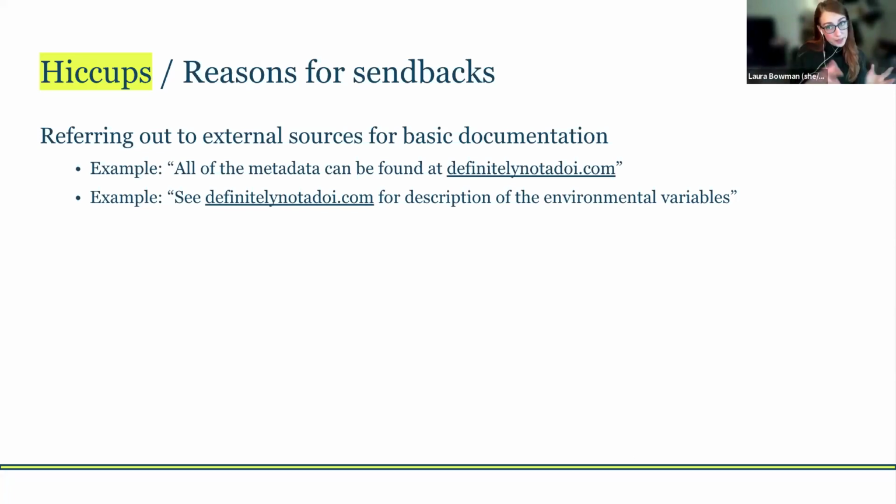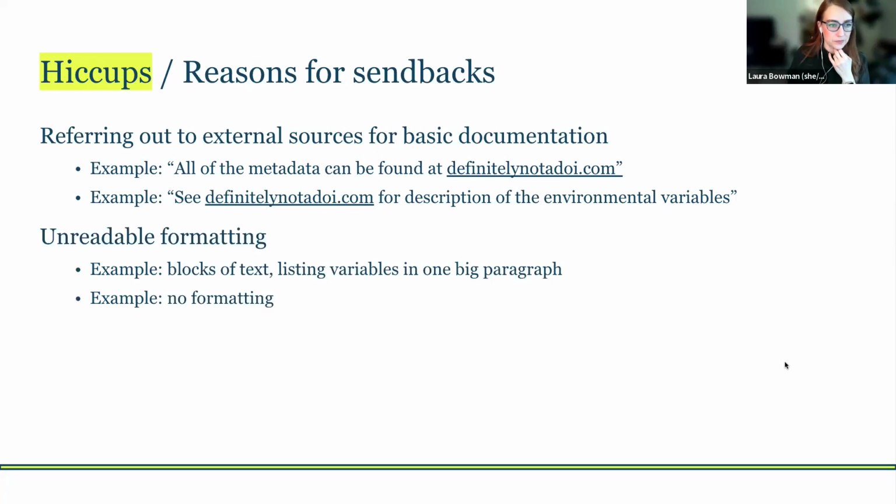It's important to copy that information and actually include it in your submission so that everything is available in the same package and you're not worrying about other external sites being preserved. This happens with bioclim variables a lot. I don't know if anyone here is familiar with those, but we get a lot of link outs to describe those that we have to ask them to put in their documentation themselves. That's one of my personal pet peeves.